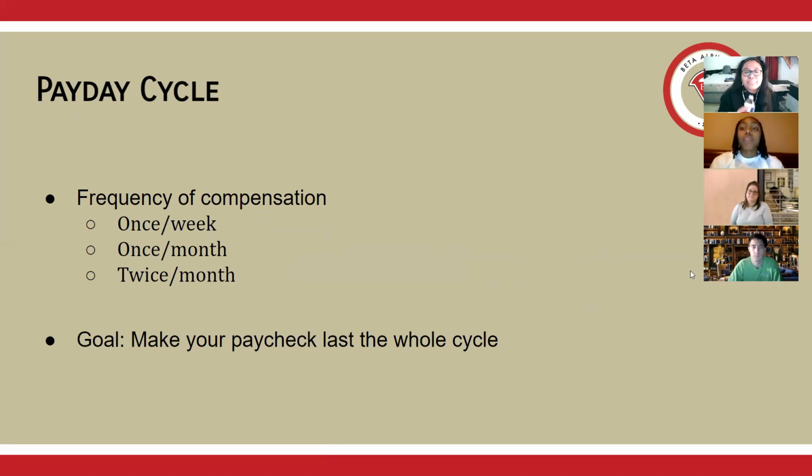So whenever you get a chance, sit down at your kitchen table, and first write down your cycle time. And then secondly, budget and see what you can spend and what you can't spend to make it last that entire period. So two majors: knowing your cycle and budgeting for making it last.